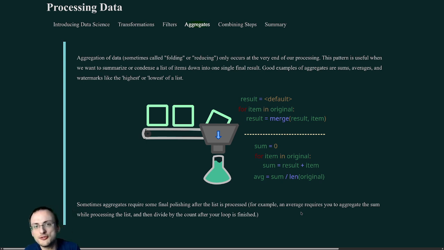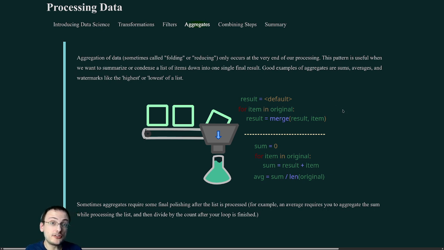And this is true for a bunch of different processes. But no matter what, that merging step is still going to be the same. You need to figure out what is my sane default value, and then how do I apply that operation each time to what I've looked at so far plus the next thing? And that is our idea of an aggregate, which is our third looping pattern.